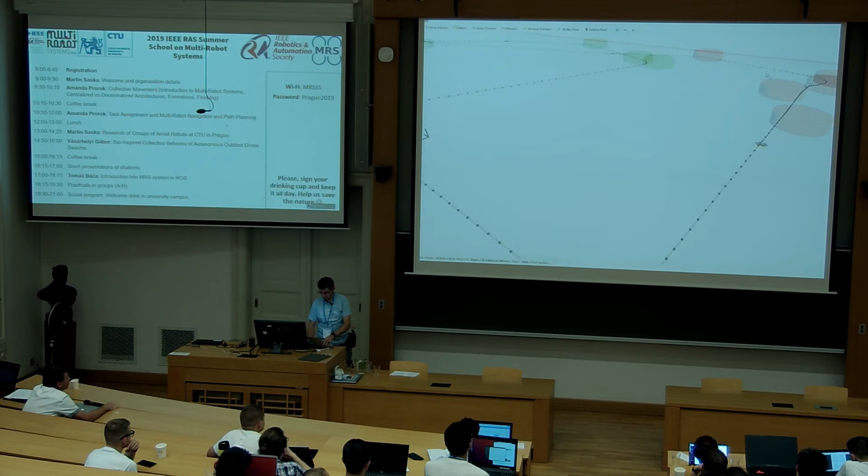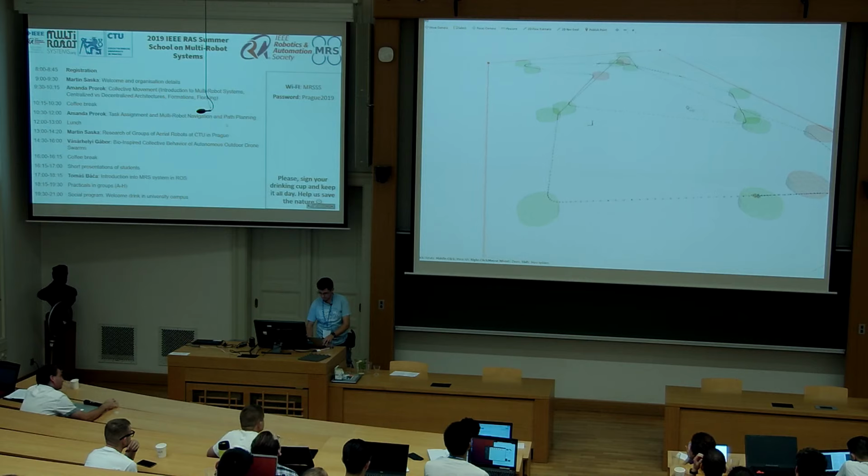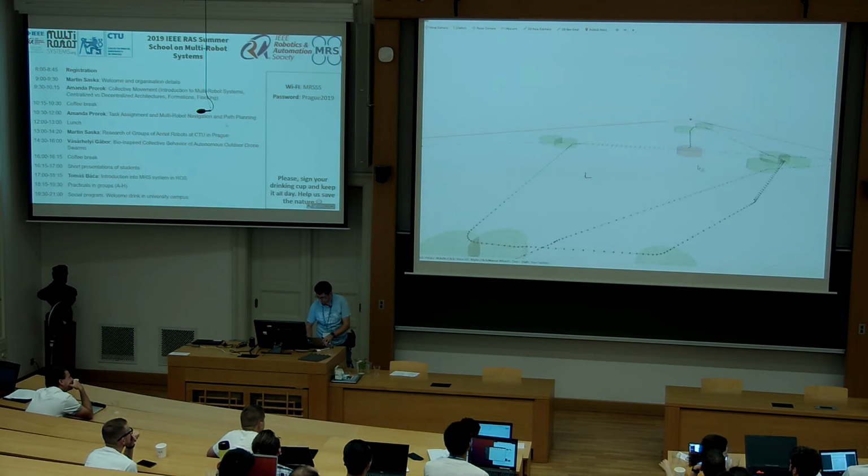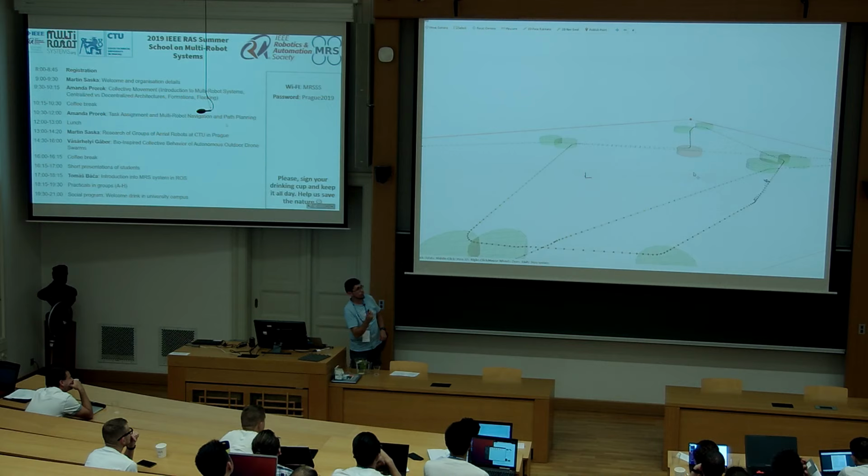So it will be finished soon. I'll just move through this very quickly. We can see here that there is one neighborhood which wasn't reached. That's this one. It's probably because the collision avoidance was triggered, so the drone didn't fly where it should fly.